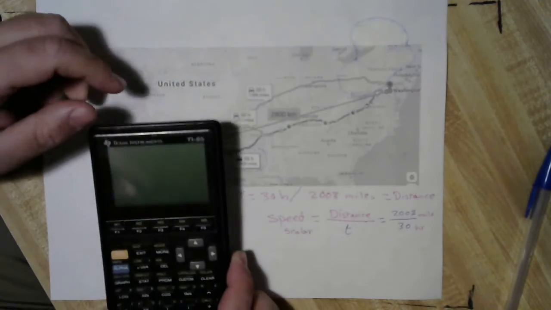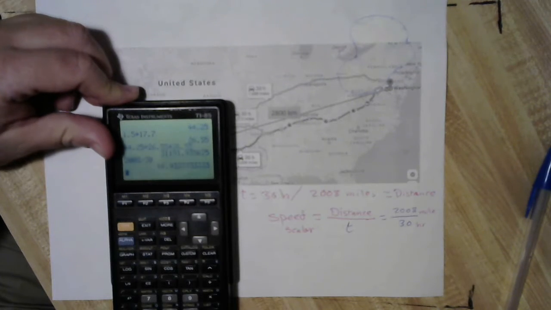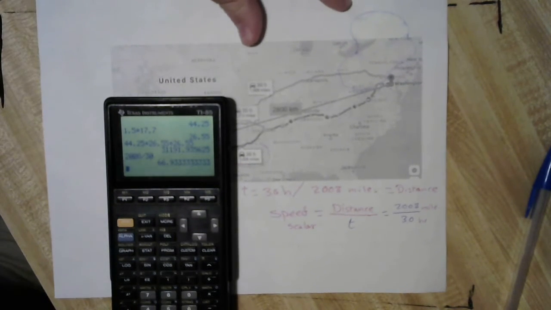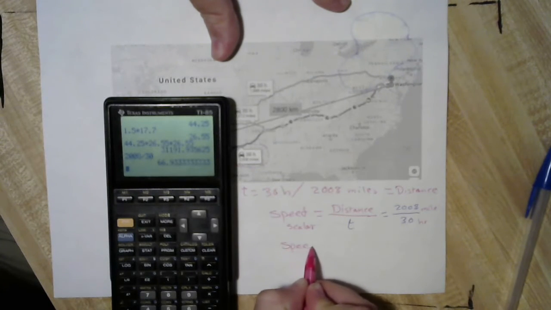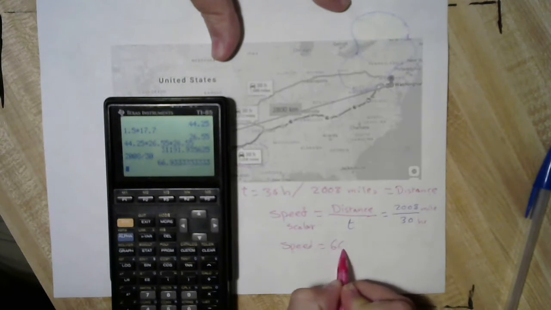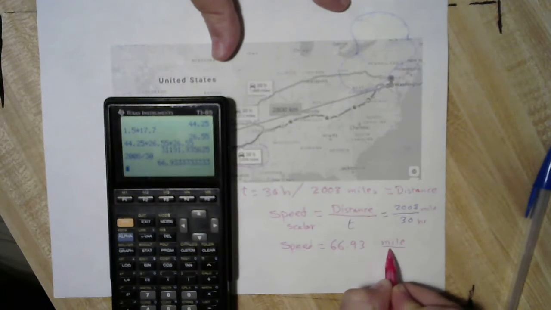2008 divided by 30. So the speed on this path is equal to 66.93 miles per hour.